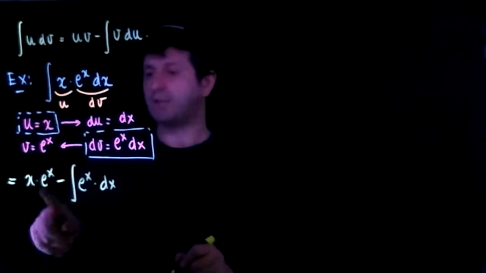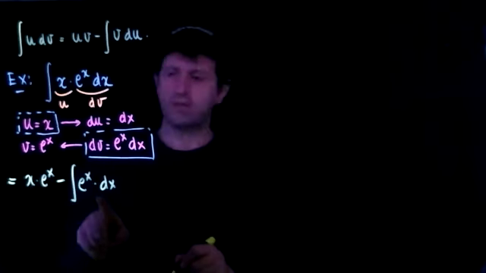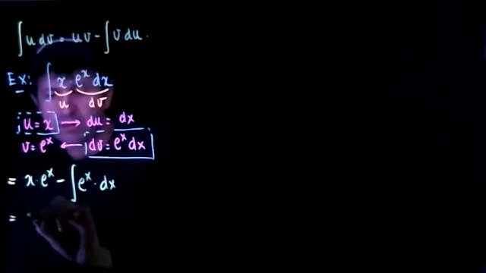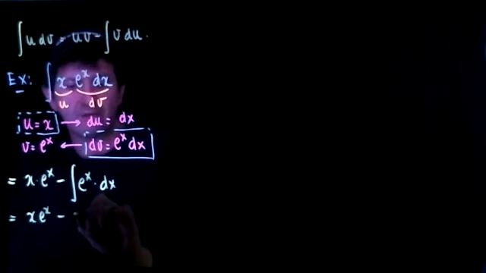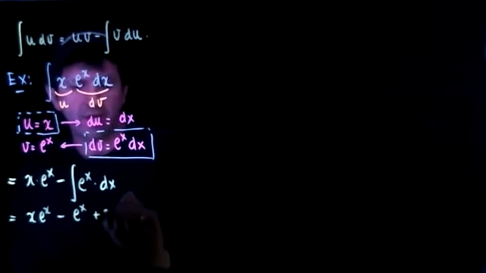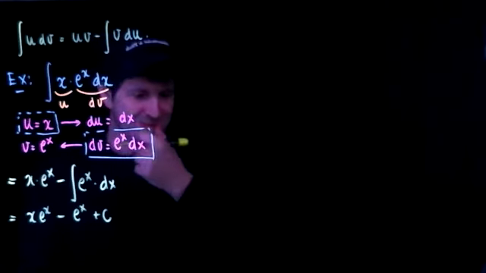Okay, and now this is done. And now this is very easy. That's a very easy integral. Okay, so we're practically done. So it's x e to the x minus the antiderivative of e to the x, which is just e to the x, and you add plus c and you're done.